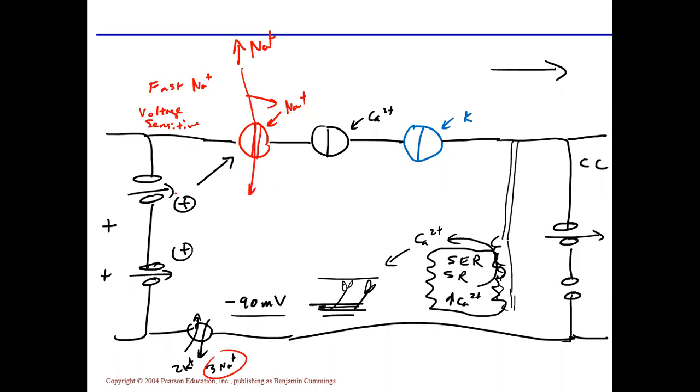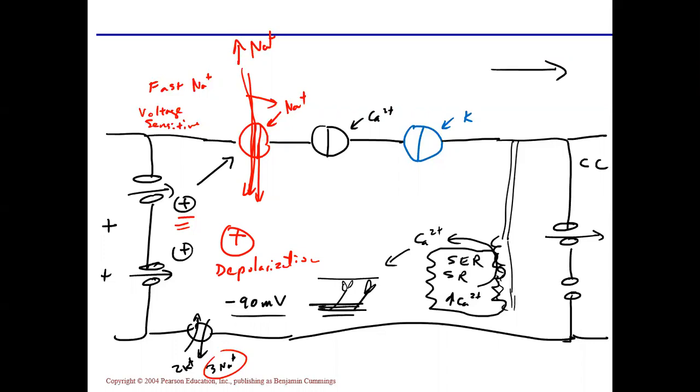Remember, that was not the case in the pacemaker potential, just a little bit at a time due to instability. This one, because they're voltage sensitive and the voltage is changing, right away they're opening and lots of sodium is coming inside. So that is going to make the cell depolarize very, very quickly. So that's the depolarization phase. The depolarization phase is rather quick, folks.